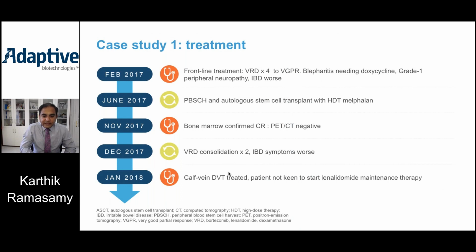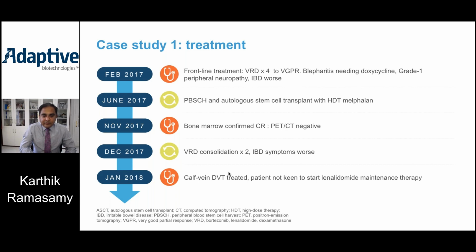In February 2017, I started her on VRD treatment, and she had 4 cycles of VRD chemotherapy up until June of 2017. She developed a very good partial response to this therapy, but unfortunately developed a blepharitis due to Velcade therapy needing doxycycline. She also developed grade 1 peripheral neuropathy, and the inflammatory bowel disease symptoms unfortunately got worse during treatment.